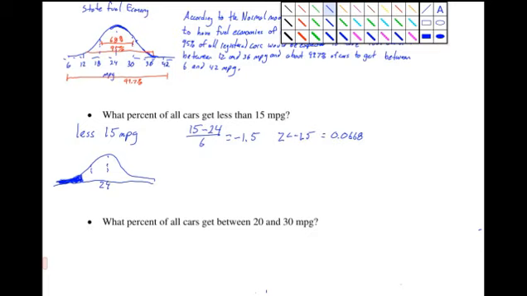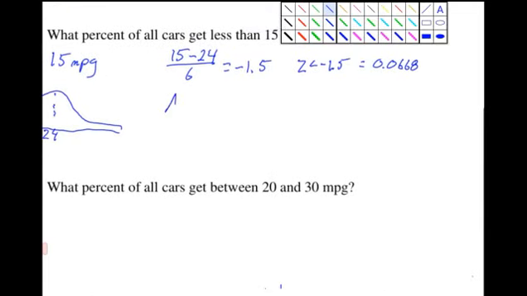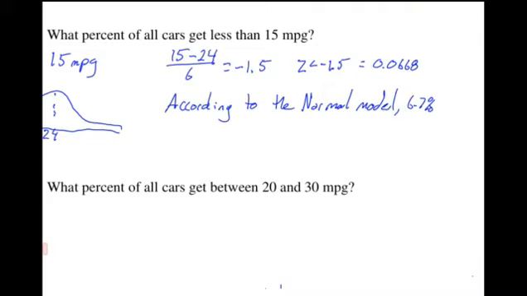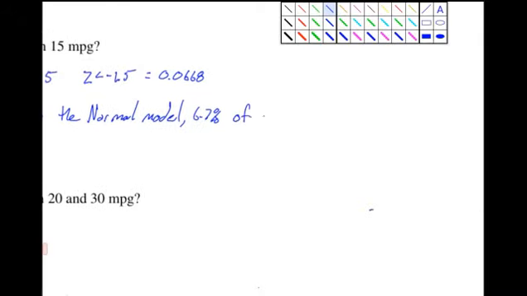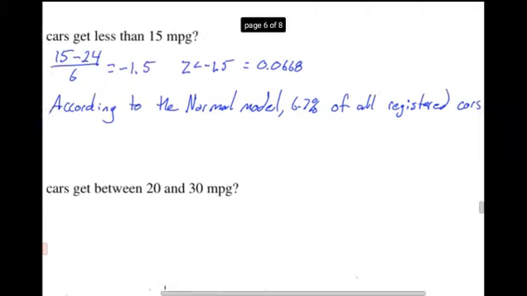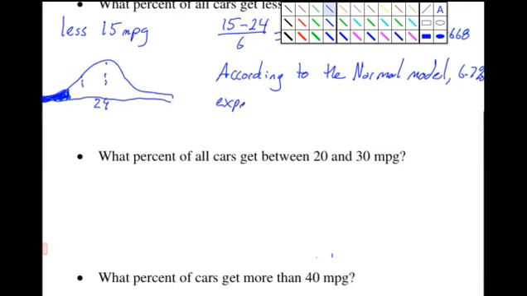Now we want to write that up. According to the normal model, 6.7% of all registered cars are expected to get less than 15 miles per gallon.